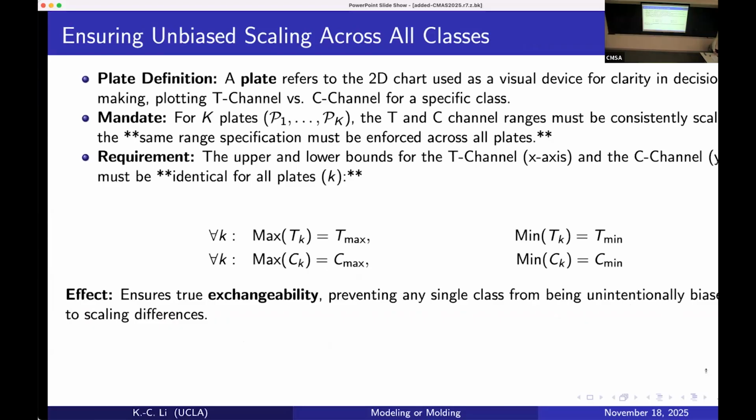Okay, so remember that we have K classes, so you have to present K traits. You have to combine them, and we have this minimum and maximum. They have to be set up together, so this ensures their exchangeability.